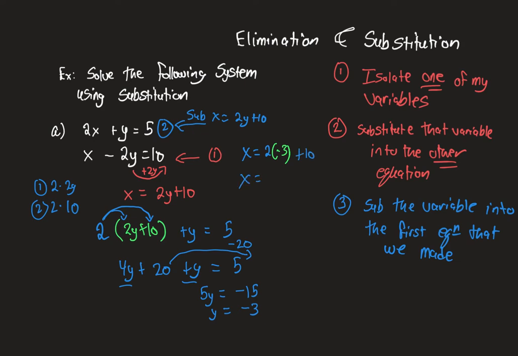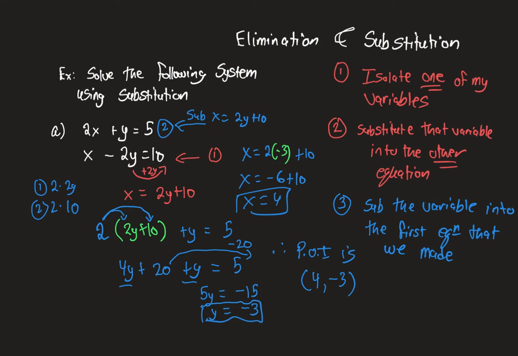Let's solve it. So you've got negative 6 plus 10. So x is 4. So we have our 2 points. Therefore, the point of intersection is: put your x first, then put your y. And that is solving for this system of equations using substitution.